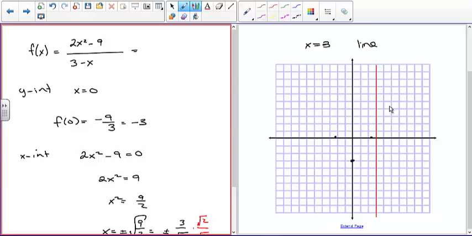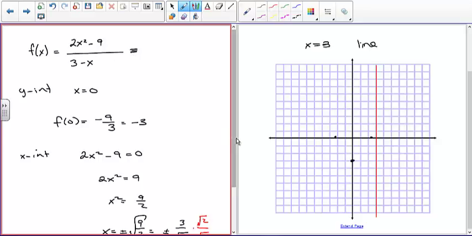Just thinking here, does this all make sense? You also end up with a slant asymptote as x approaches infinity, right, when x becomes large.